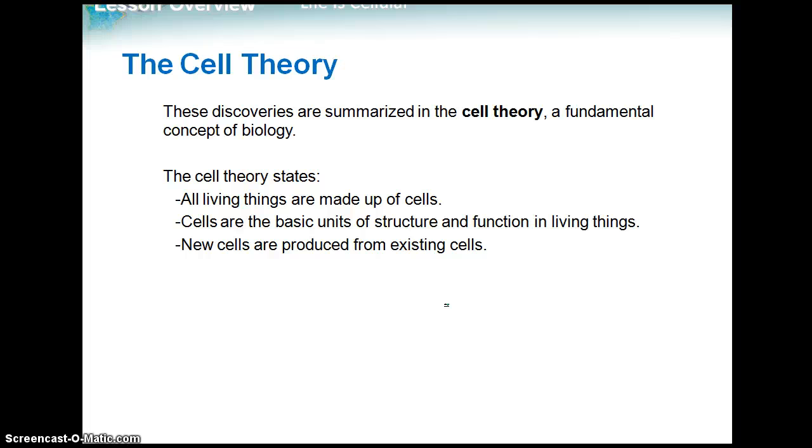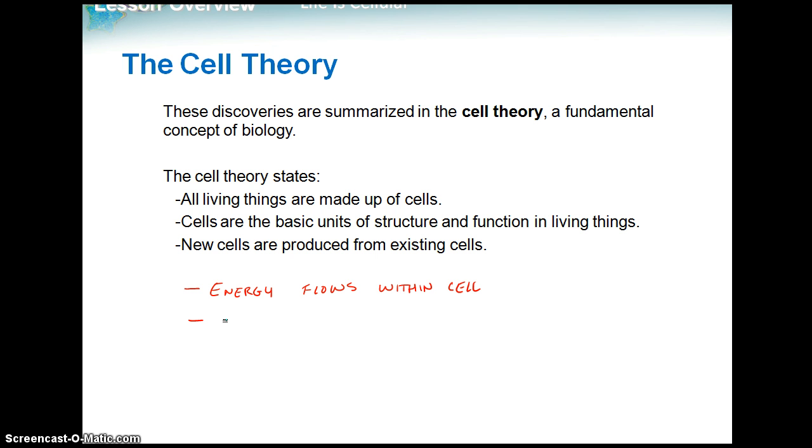Since that time, since the late 1800s, we've added a few things. The fourth, newer postulate is that all cells use energy. So energy is going to flow within the cells. All cells need and use energy to do whatever they're doing at that time.